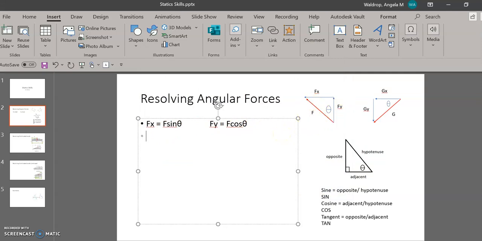Now for the second one, these are a little bit different because theta, the angle in question, is adjacent to the horizontal. So that'll be a little bit different. My Gx is going to be adjacent to the angle, so instead of sine in this case, I'm going to use G cosine theta.